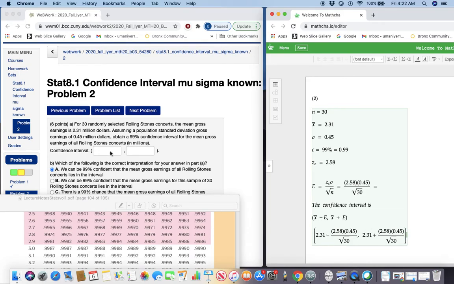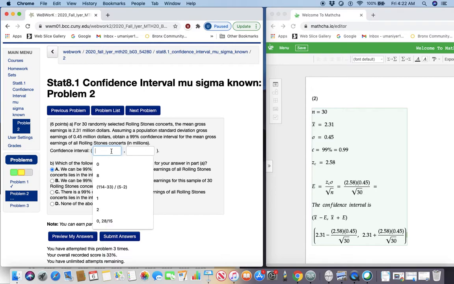Let's write that down carefully. 2.31 minus, and since this expression is a fraction, I'll write parentheses over parentheses. Who goes downstairs? Square root 30, SQRT, parentheses 30, close parentheses.